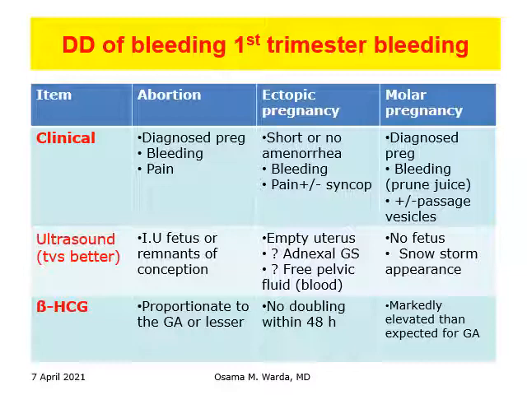Partial mole, in most cases, is diagnosed as missed abortion. Snowstorm appearance in incomplete mole. Beta HCG is appropriate to the gestational age in abortion, in ectopic pregnancy there is no doubling within 24 hours, and in molar pregnancy there are markedly increased levels of beta HCG.